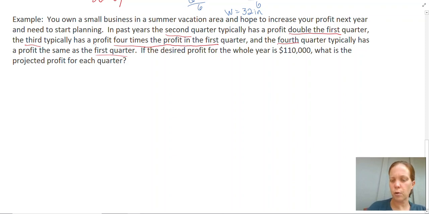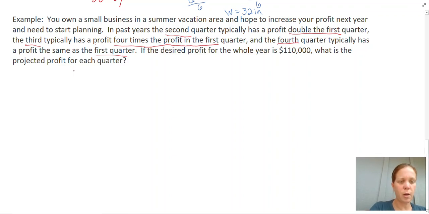So it's, you know, first is like January, February, March, slow, then business starts picking up, then it's really busy in the summer, and then it slows down again. So the desired profit for the whole year is $110,000. What is the profit for each quarter?